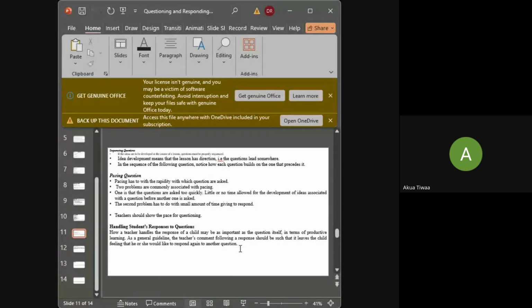The second problem has to do with the small amount of time given to respond. The teachers seem to feel that unless children respond immediately, the question needs to be restated or re-clarified, or the learner must be provided with a cue.